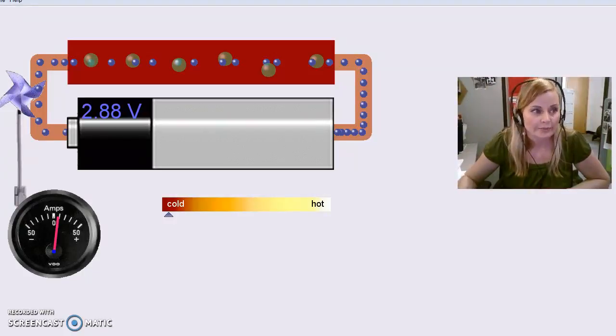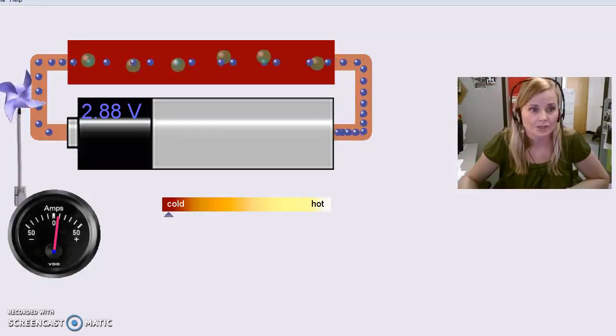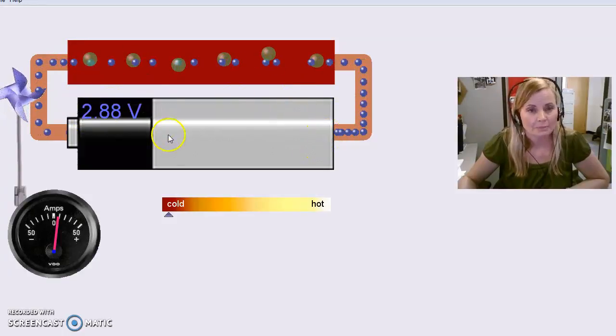So when you connect that circuit again, the electrons continue to move. There's no pause in the action. Think of it this way. The battery provides a potential difference from one end of the battery to the other.